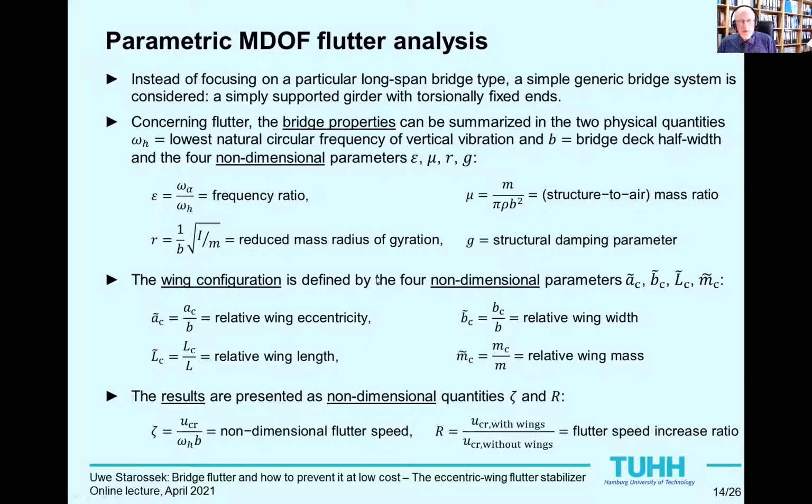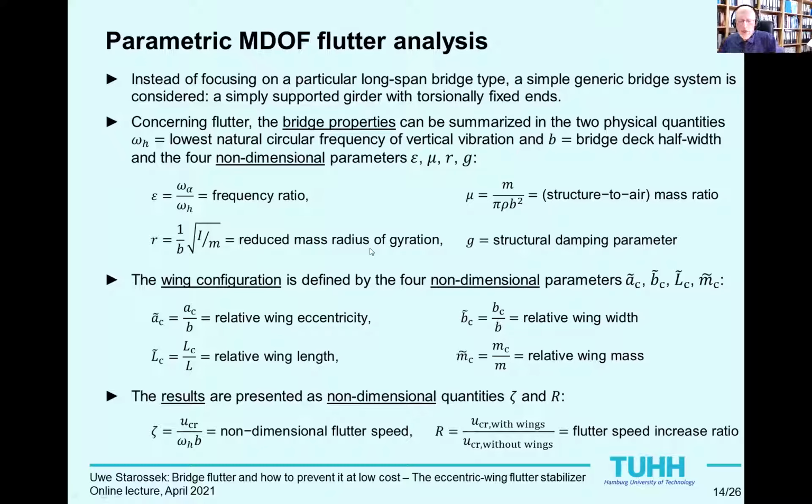Concerning the wing arrangement, it is assumed in this study that identical wings are placed on both sides of the girder, that is, on its windward side and lee side. The wing configuration is then defined by four non-dimensional parameters: the relative wing eccentricity, A_C tilde, and the relative wing width, B_C tilde, both defined by relating the respective dimensional measures, A_C and B_C, to the bridge deck half-width b.